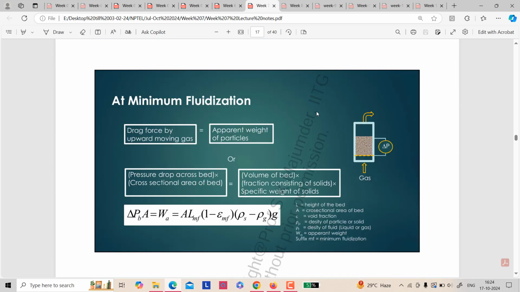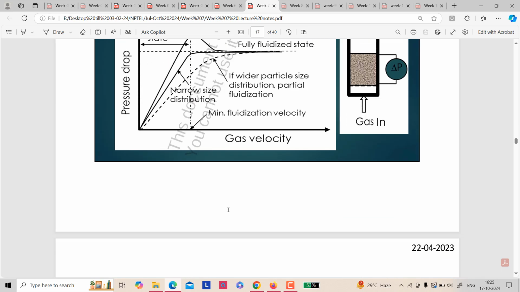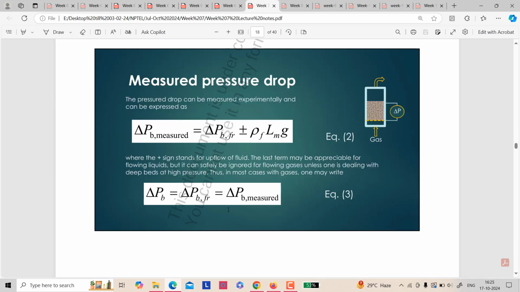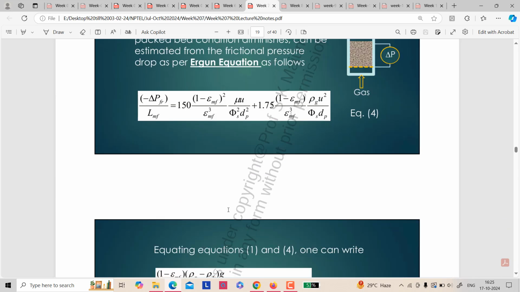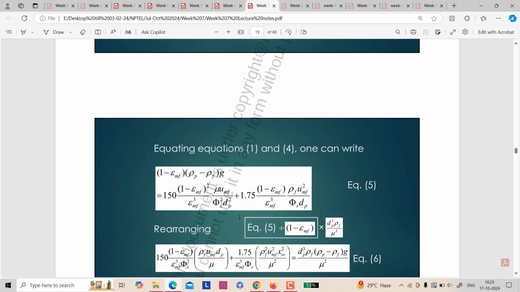So at minimum fluidization you have seen that the drag force by the upward moving gas and the apparent weight of the particles will be equal. So that is how these formulas are formed. This is again the pressure drop calculation. This is the Ergun equation.